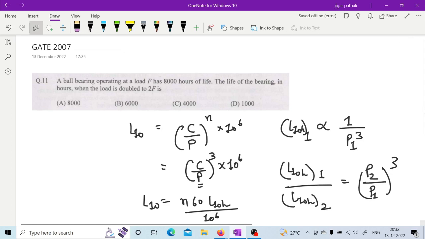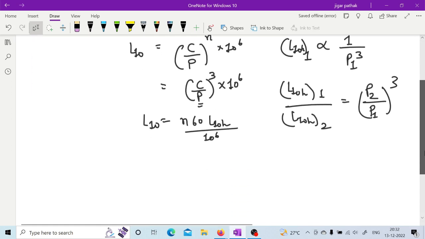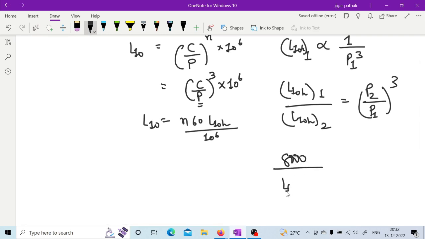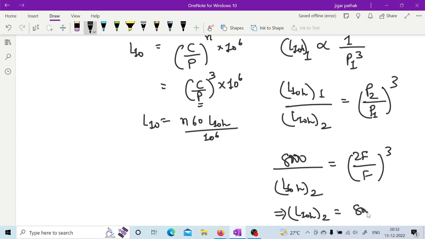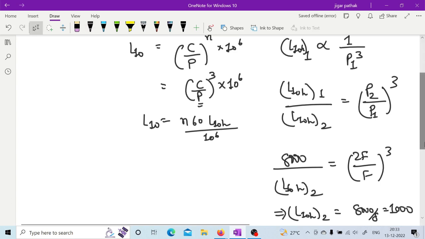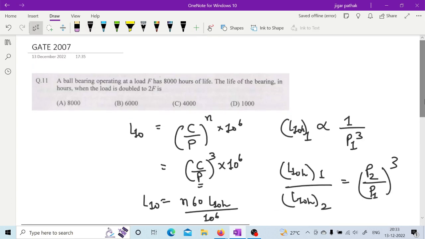Now if we put values, L10H1 is 8000, and what you need to calculate is L10H2. P2 is 2F, P1 is F, to the power 3. So L10H2 is equal to 8000 by 8. Yes or no? Yes, sir. So this way L10H2 is equal to 1000.